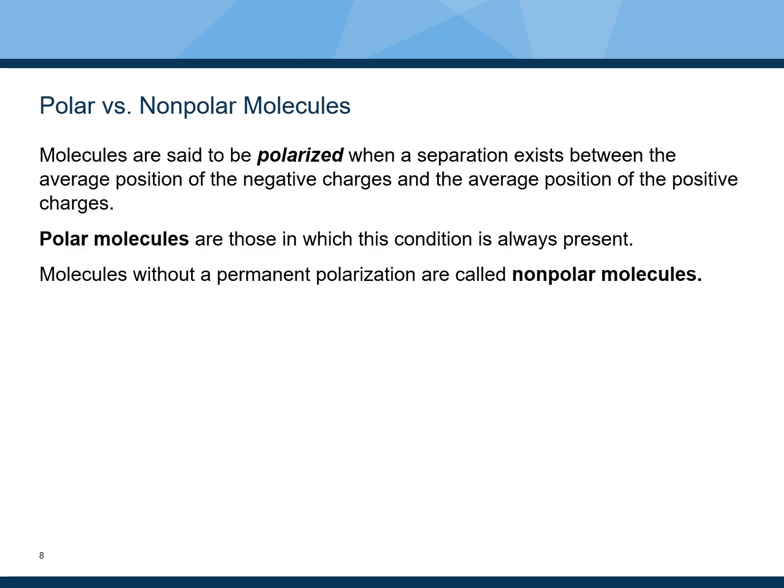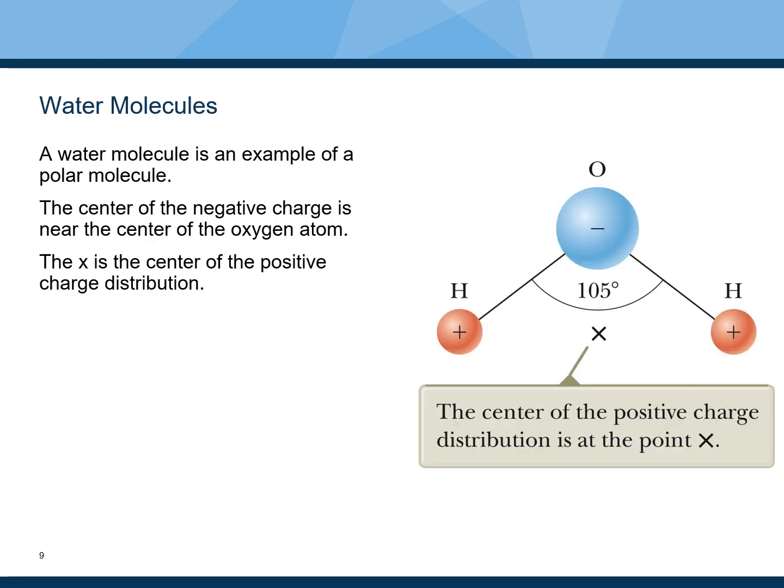So we have polar and nonpolar molecules. We'll understand that with examples. So imagine, if you like, that we have a water molecule. Now the angle made by the hydrogen atoms relative to the oxygen atom is such that it's not a simple straight line.